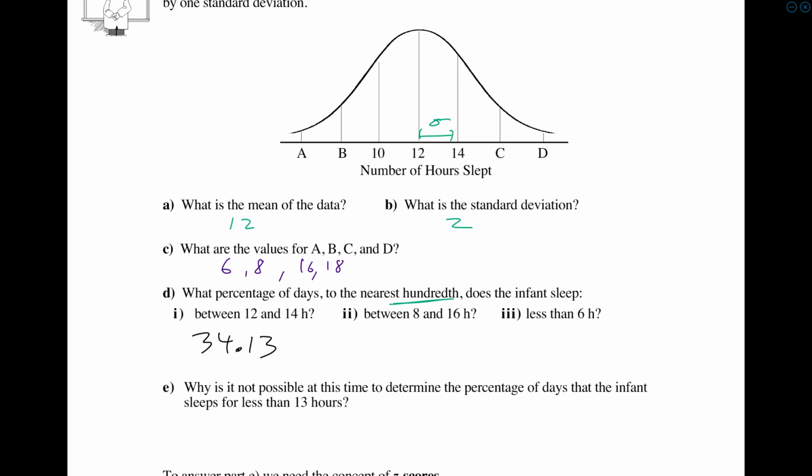Okay, how about between 8 to 16? 95, to the nearest 100. I track what you're doing, but let's be really precise here. We have 34.13 twice, right?